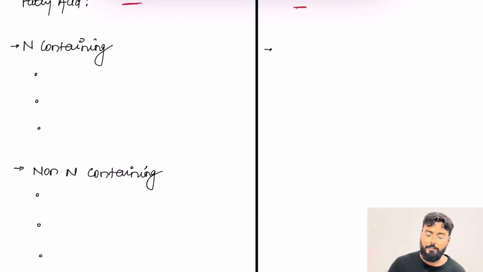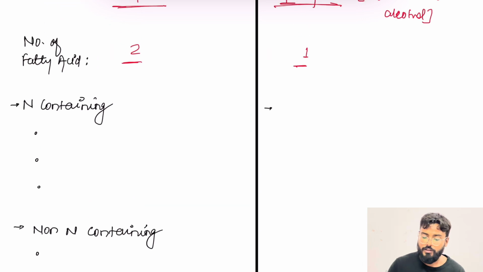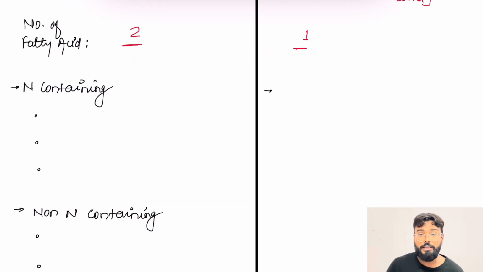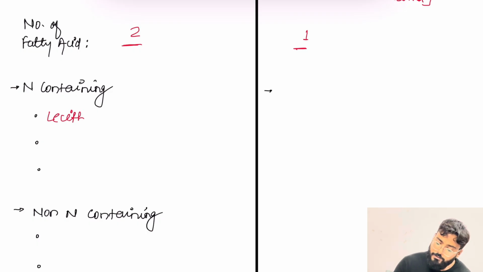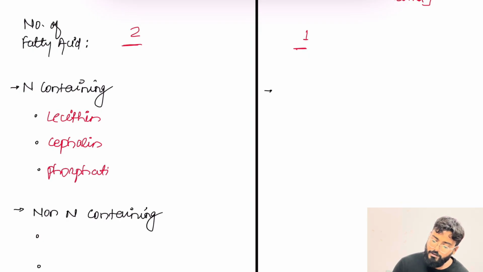Now we will see the examples of glycerophospholipid. One is your nitrogen containing base and another is your non-nitrogen containing base. In case of nitrogen containing base, we need to remember these examples: your lecithin, your cephalin, and your phosphatidyl serine.